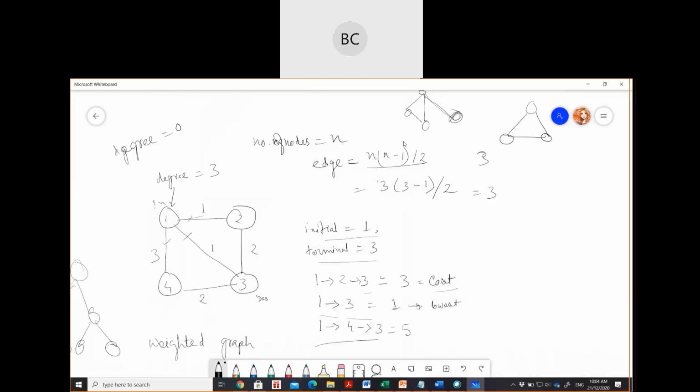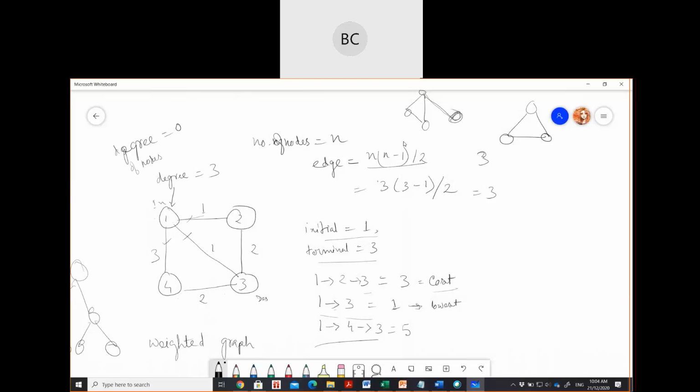Degree always comes in terms of nodes, okay?